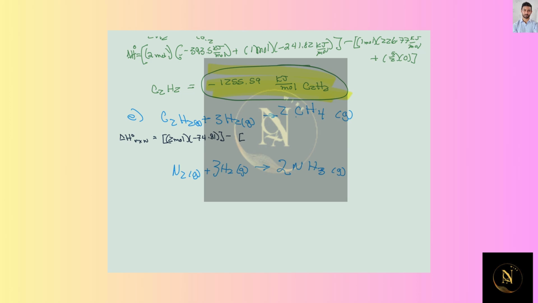And then C2H2 is 1 mole times 226.73 kilojoules per mole, plus 3 moles times 0.